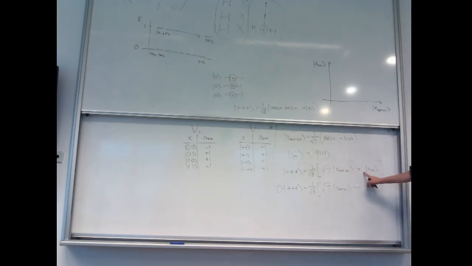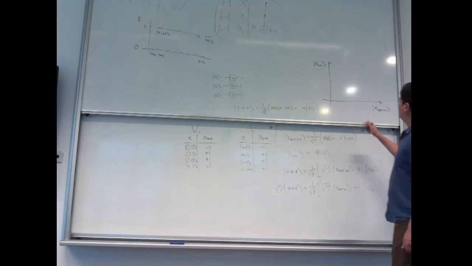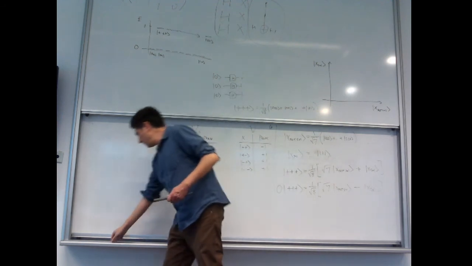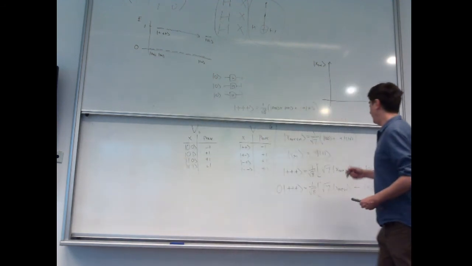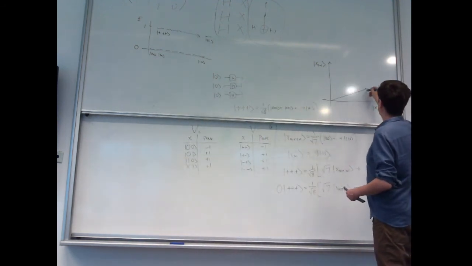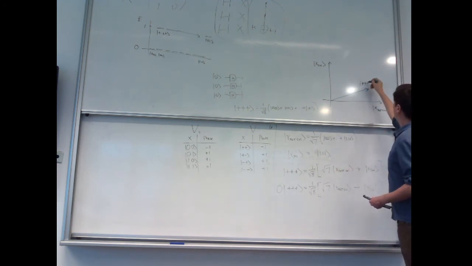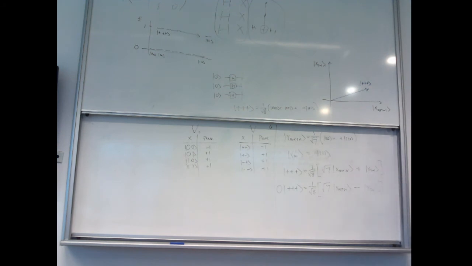This coefficient is 1 over root 8, so it's much smaller than this one. But it's not 0. Okay, so if we plot it on this graph, then roughly speaking, this will look like this. So this is actually what Grover's algorithm initially starts with.